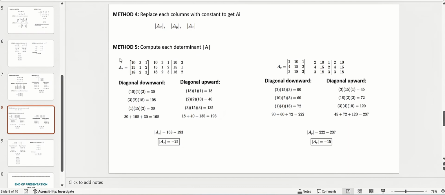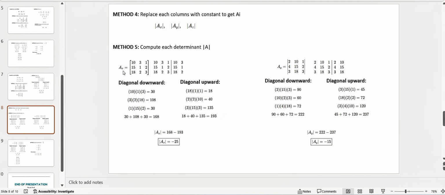So as what we did in the first example, ang first column is atong gi-replace sa constant nga value, which is 10, 15, and 18. Okay, this is mao ni ang value sa x man. This column, the first column is the x, and the second column is the y, and third column is the z.